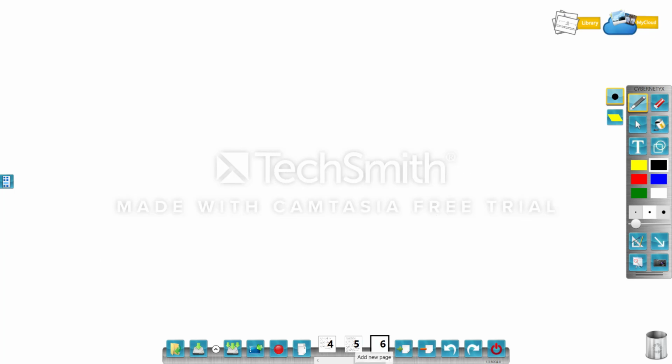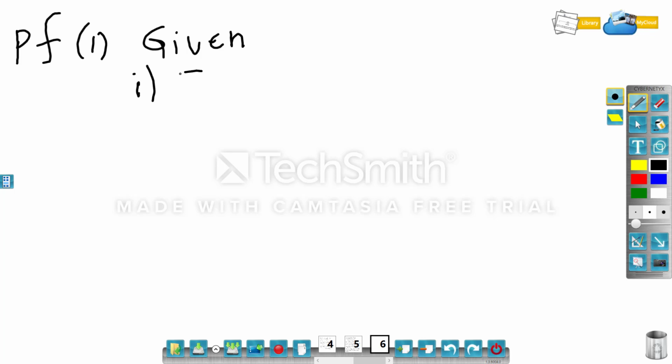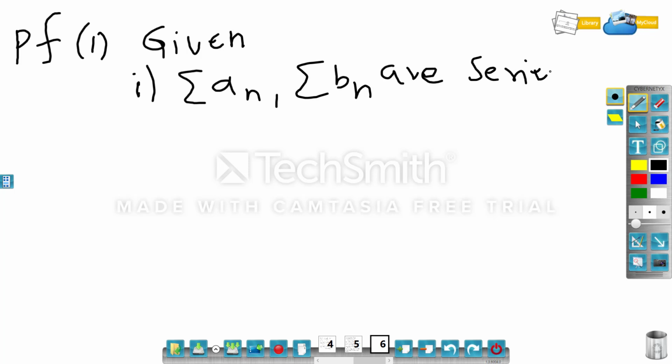So let's prove theorem 1. It is given that, number 1, series an and series bn are series with non-negative terms.